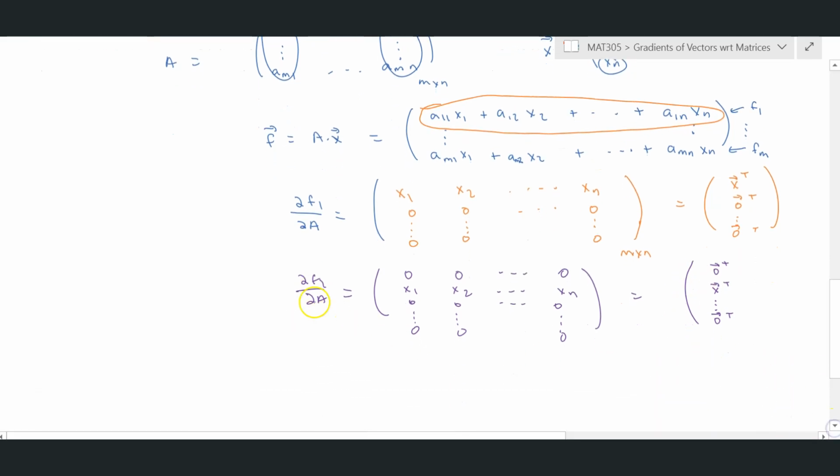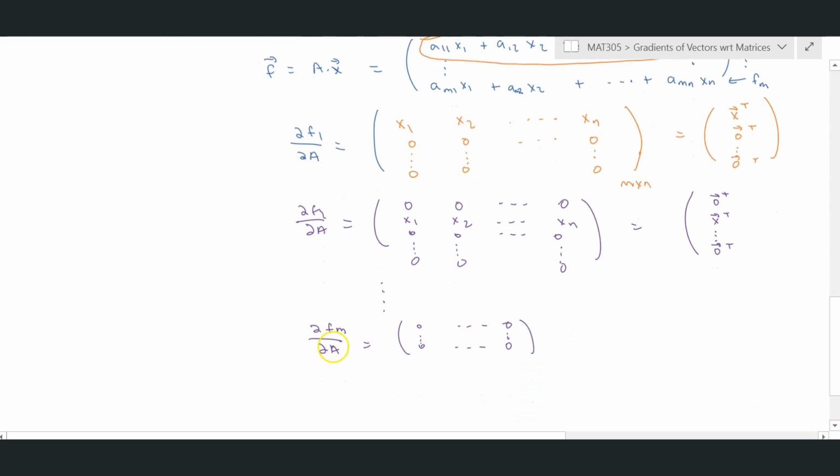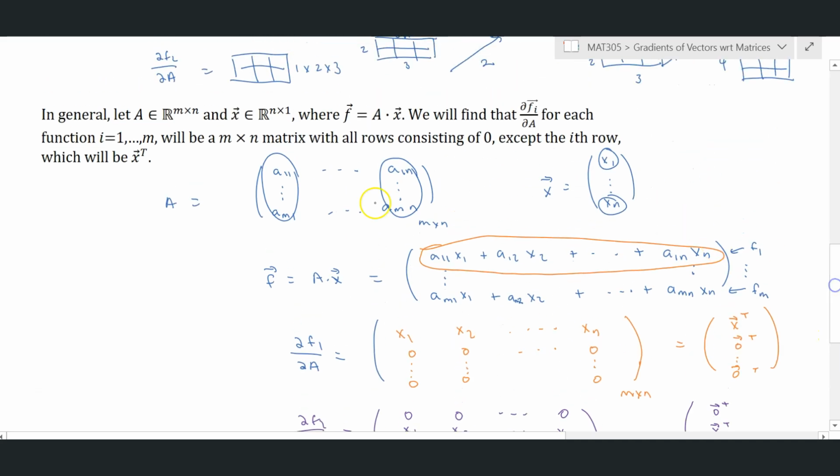And this will repeat itself. So basically each function down the list, up until the mth function, will have zeros everywhere, until that very last row, because fm has all of the bottom elements of A in it: am1, am2, through amn.